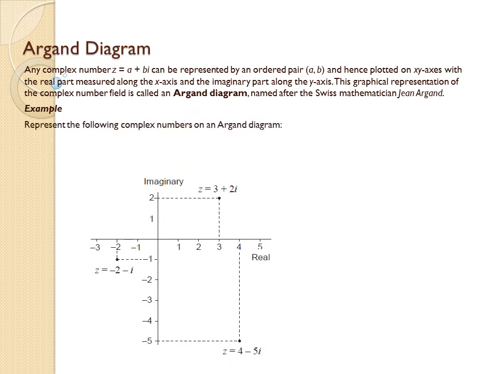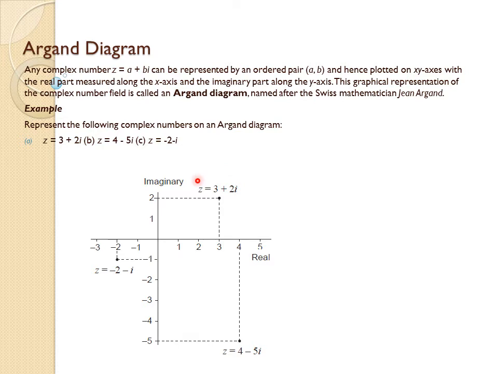Let's take some examples of how to represent this in an Argand diagram. First example is z equal to 3 plus 2i. We know 3 is positive and 2i is also positive. So if I take 3 on the x-axis and 2i on the imaginary axis, my expression becomes z equal to 3 plus 2i, and I have put it in the first quadrant of this graph.